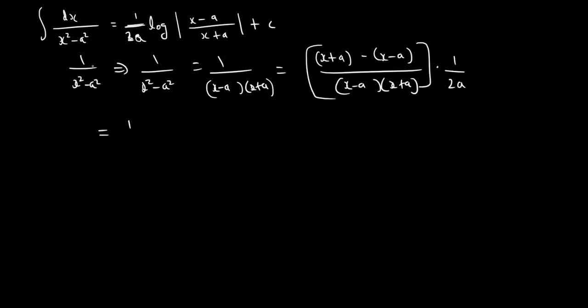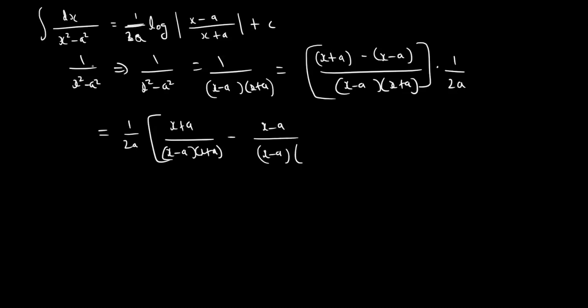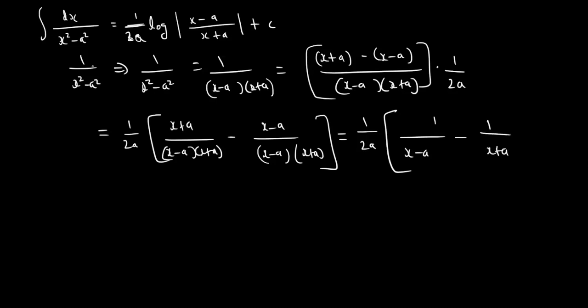So by further simplifying this, we will get x plus a by x minus a into x plus a minus x minus a by x minus a into x plus a, and reducing and simplifying this, we will get 1 by x minus a minus 1 by x plus a.